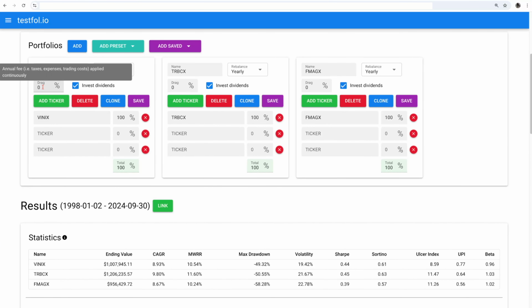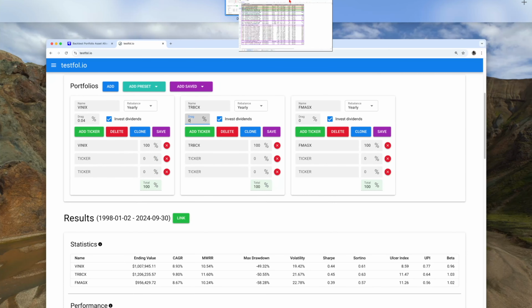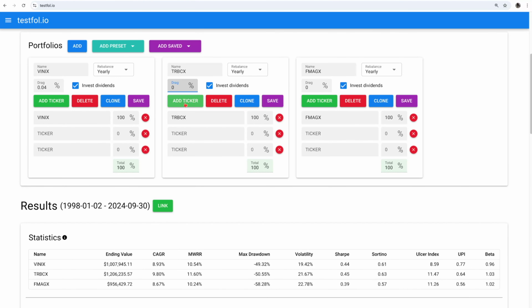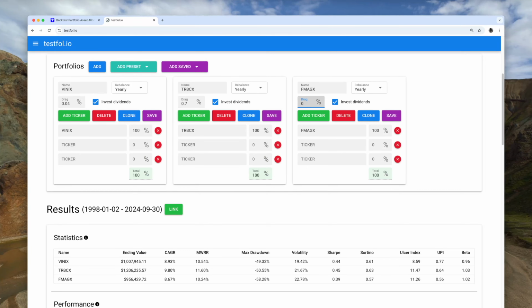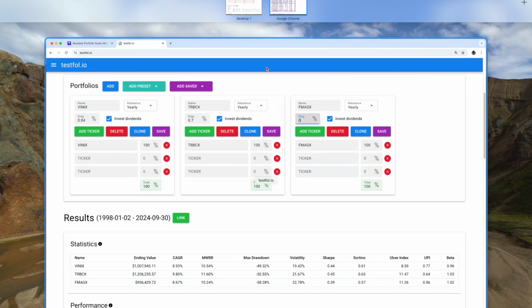So that's a drag. T. Rowe Price is 0.7. Fidelity Magellan drag, expense ratio, is 0.47.